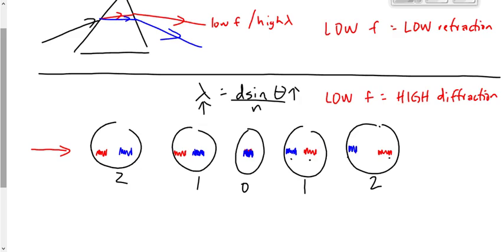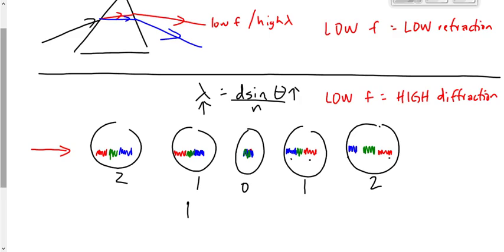Now, of course, if we had all kinds of other colors, like let's say white light, all the colors of the rainbow, then we would get all of the colors in between the red and the blue. So what you end up with here is multiple spectra. We end up with a spectrum at our first order maximum.